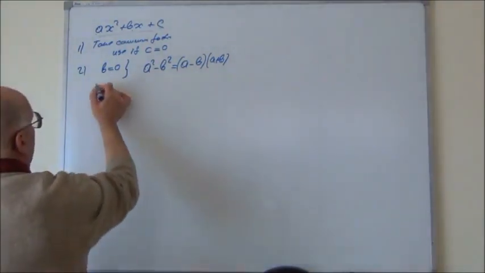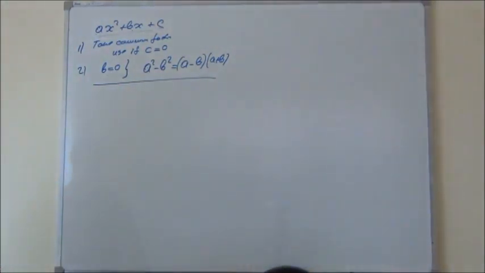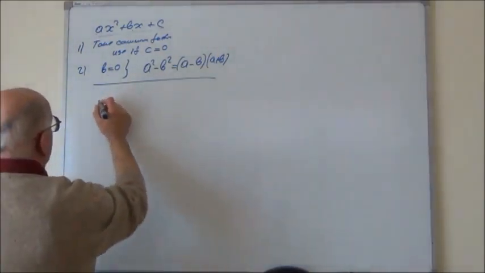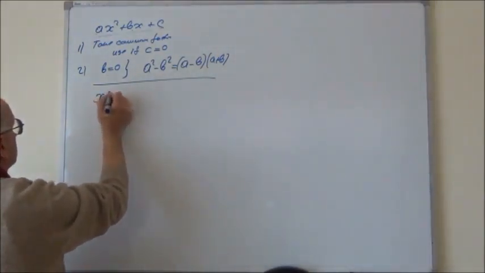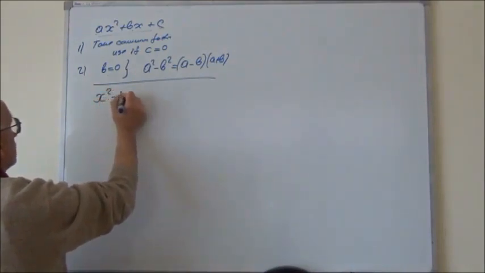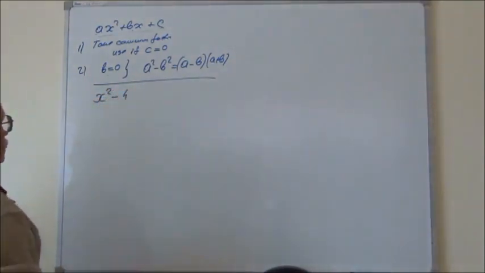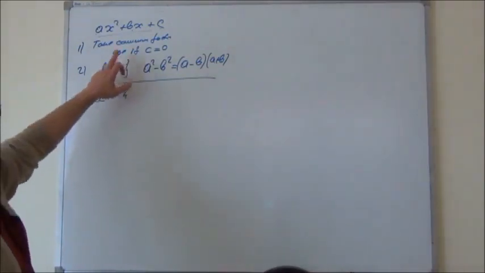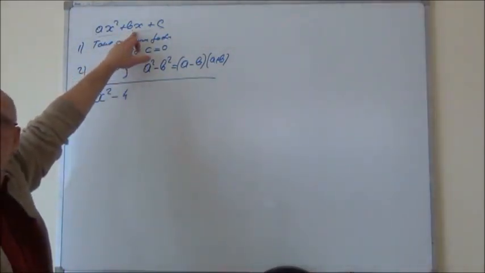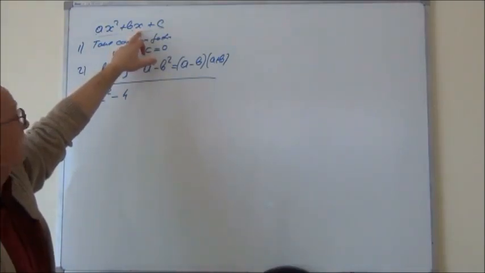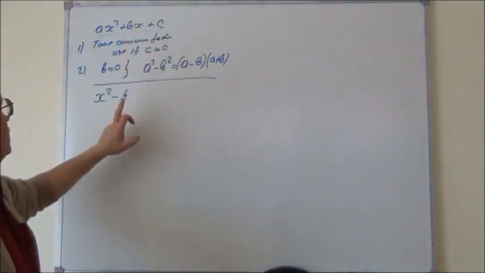Okay, let's see some examples for this. Let's say a very simple example: x squared minus 4. So what we have here? We don't have a middle term in the quadratic trinomial with x to the power 1.